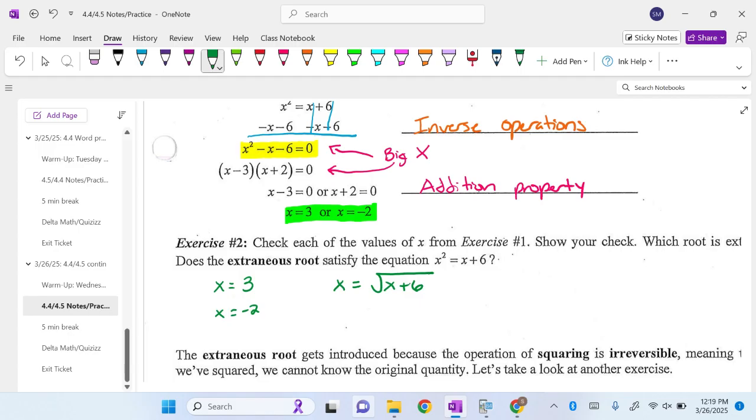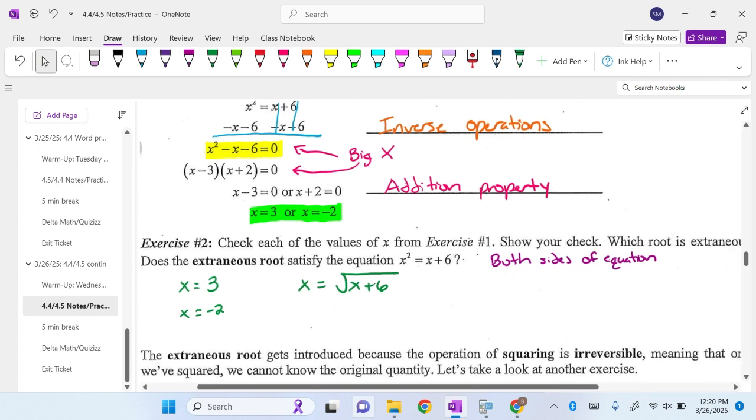If we have variables on both sides of the equation, they have to do what? Don't they have to equal each other? So if I have a variable on this side of the equation and a variable on this side of the equation, not only can we not have a negative under the radical, we also need to make sure that both sides of the equation equal the same number.